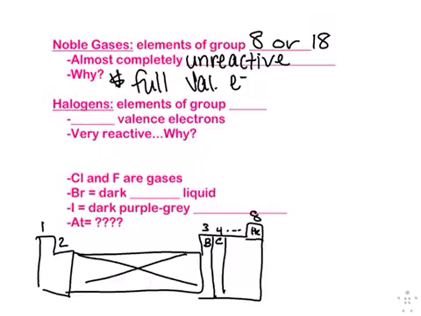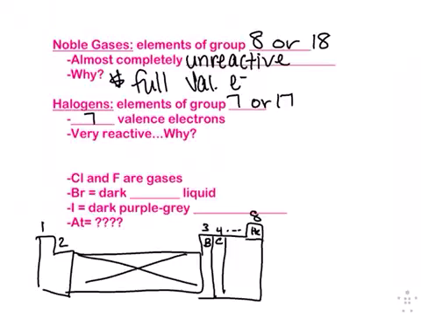So working backwards, elements in group 17 or 7. This one would be right before the noble gases. These have 7 valence electrons. Unlike the noble gases, these are very, very reactive. Again, what makes them very reactive? How many electrons do these halogens need to have a full valence shell? 8.